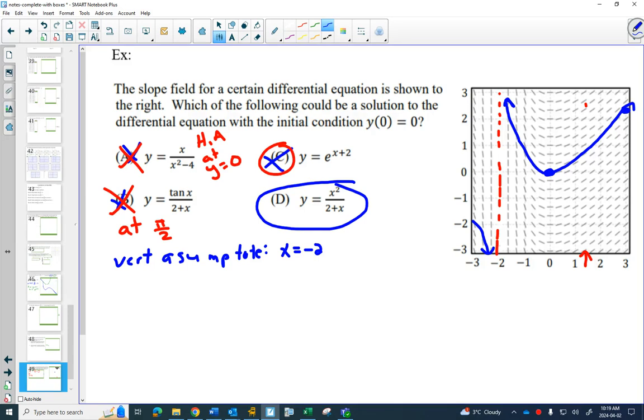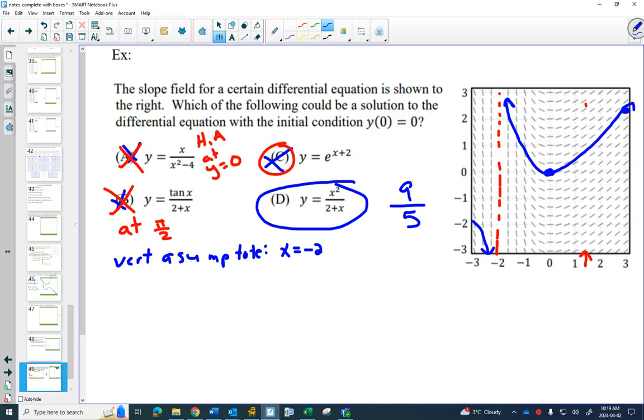Well, if I plug in 3 for x, I would get 9 over 5. Does that match up with (3, 2)? Pretty close, because 9 over 5 is 1.8. So I could do a couple of points here. I could check, do these values actually match up?